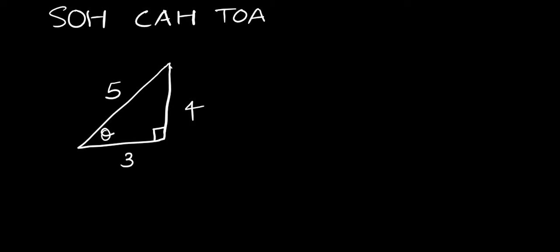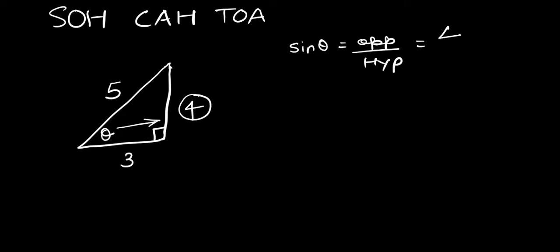First is sine theta. As we know, sine is equal to opposite by hypotenuse. Opposite to theta is the opposite side, which is 4, and the hypotenuse is 5. So sine theta is equal to 4 by 5.